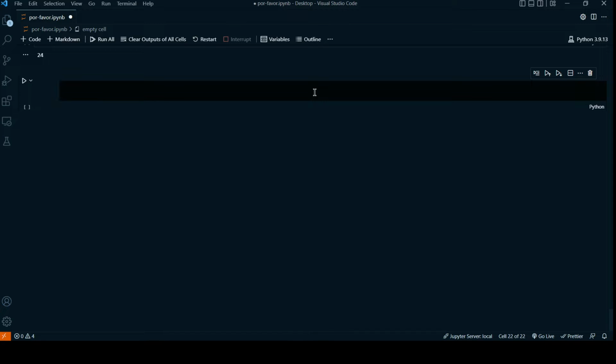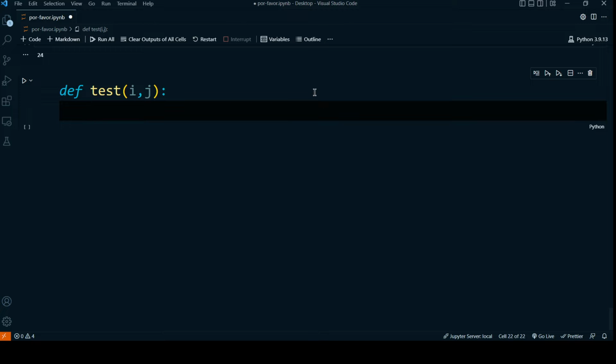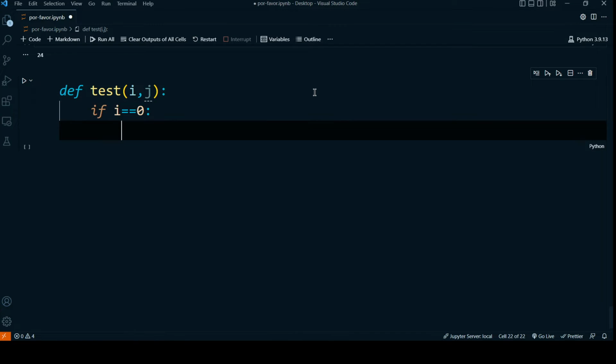Okay, so what I am doing, I am defining a function, let's say test, and it has two parameters, which are i and j. So what this test does: if i equals 0, then it returns j.